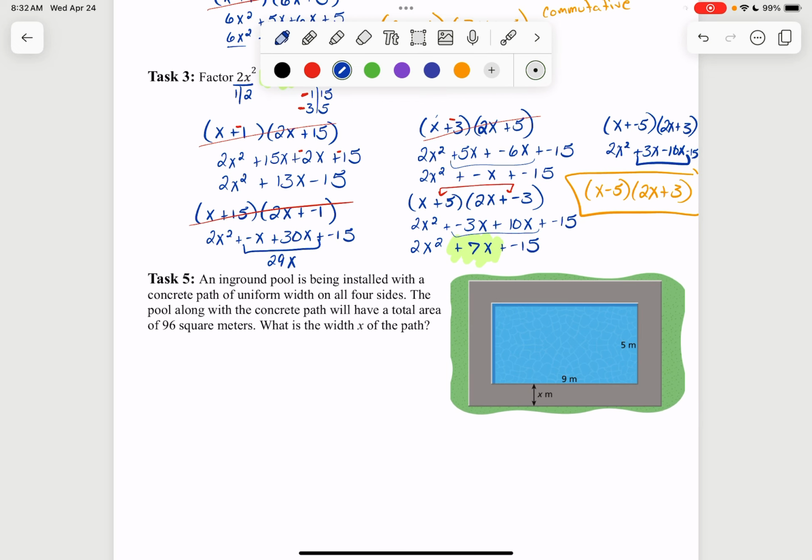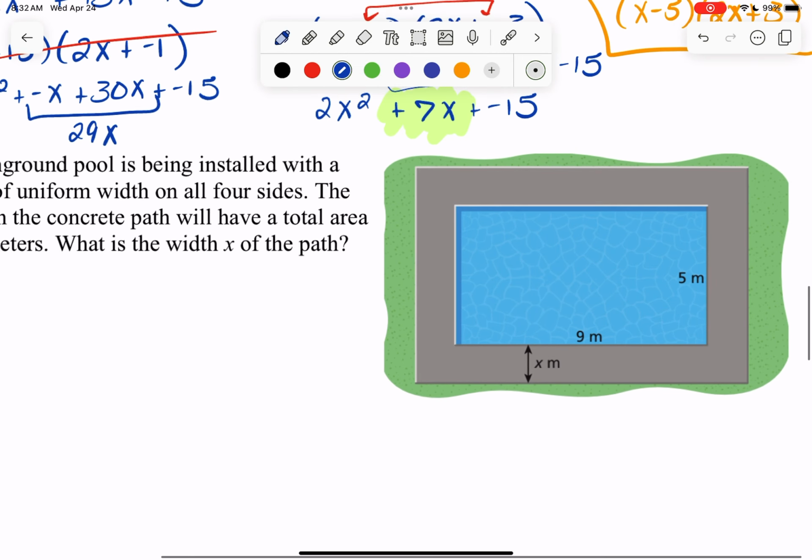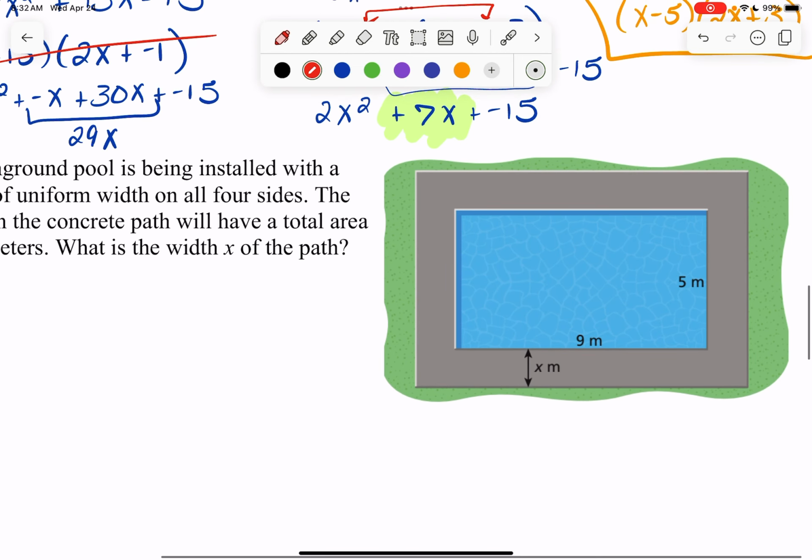Okay, very last one. So here we have an in-ground pool being installed with a concrete path of uniform width on all 4 sides. Uniform width means it's going to be the same width across all of here. It's always going to be x. So that'll be x, and this will be x.